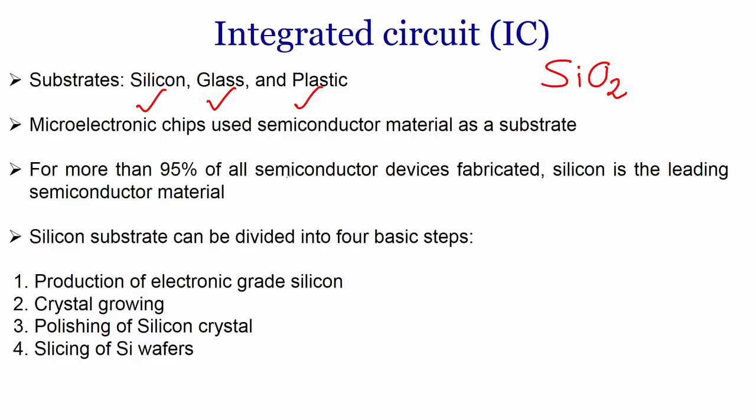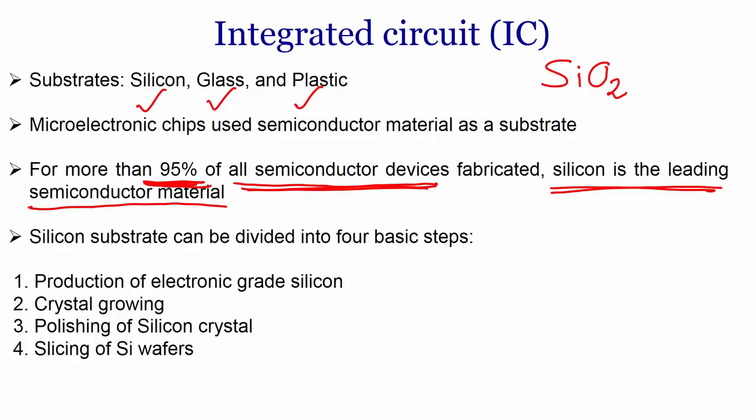Look at this: for more than 95% of all semiconductor devices fabricated, silicon is the leading semiconductor material. So, what we found is that more than 95% of semiconductor devices use silicon.